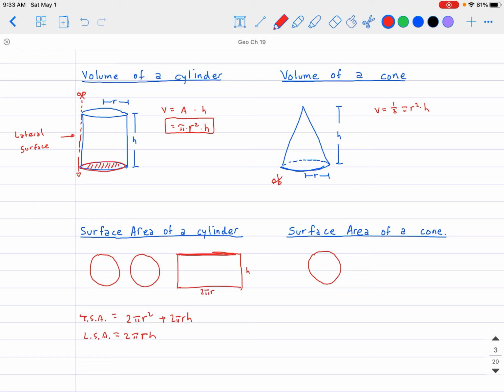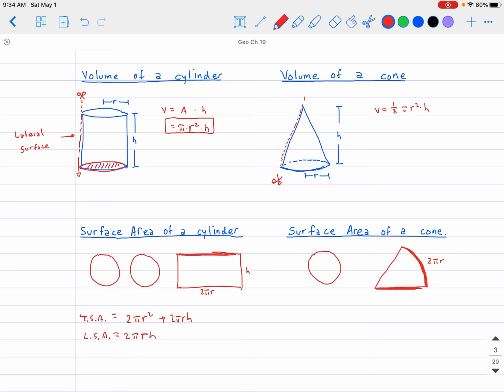Let's first start with the arc of that slant, which is going to be this right here. This sector of the circle, that slant, is equivalent to the circumference of the circle, just like we had earlier. So that is going to be equal to 2 pi r. Now, as for the radius of this sector, that is not the height.